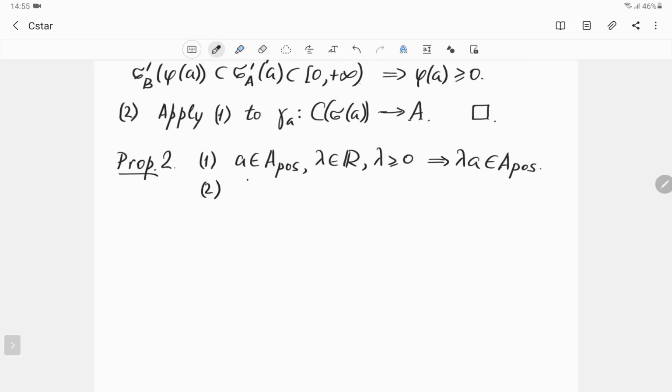Second, we have the following equality. Which means that if we have an element little a, which is positive, and is such that minus a is also positive, then our element is 0.